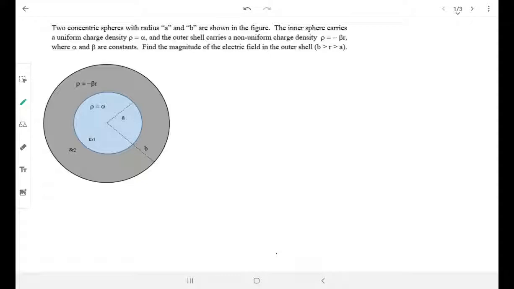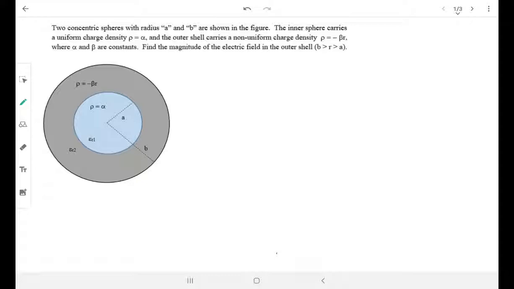So whenever you have a problem like this, the E field is coming out the same in all directions, and it has a lot of symmetry in the problem. So whenever there's symmetrical problems like this, you want to use Gauss's law.